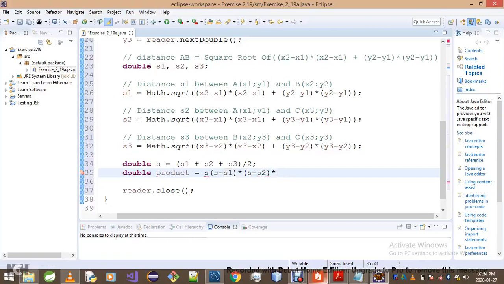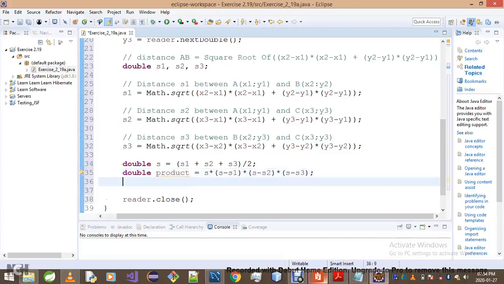You see, I'm used to giving descriptive variable names. No wonder I've put side instead of S there. Okay, side, oh, again it's S3. So this is our product here. Why am I having a problem here? Oh, we're supposed to put the multiplication sign.